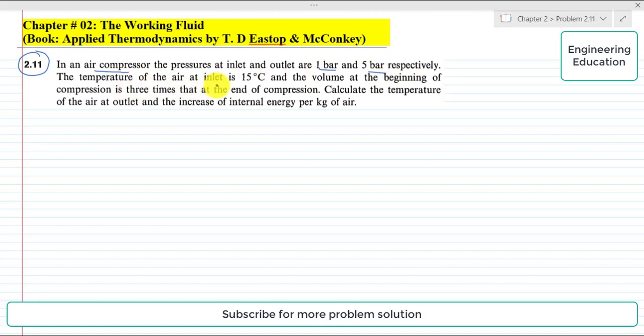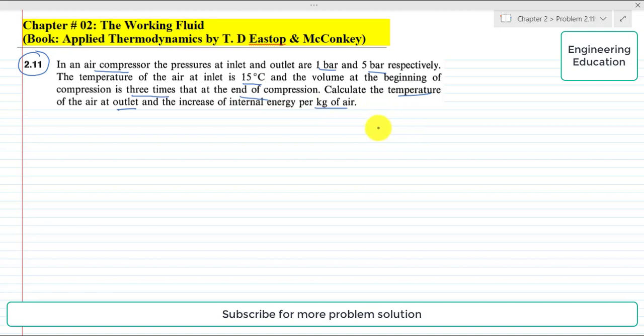Temperature of the air at inlet is 15 degrees centigrade and the volume at the beginning of the compression is 3 times that at the end of compression. Calculate the temperature of the air at outlet and the increase in internal energy per kilogram of air.